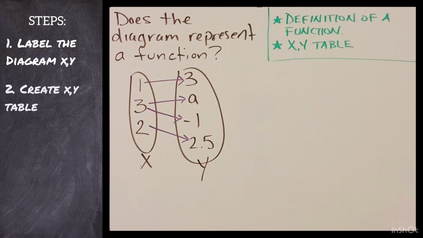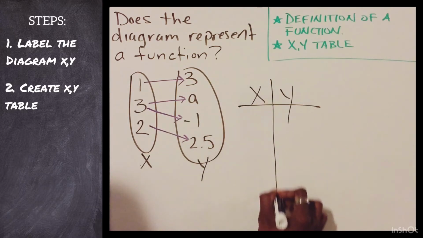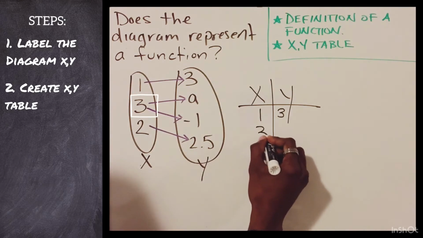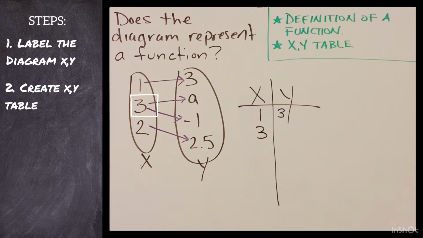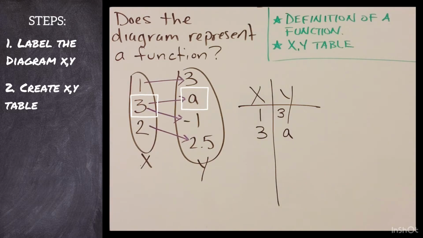The next step is we're going to create an XY table. X, Y. So the first X we see is a 1, and that goes to the first Y, which is the 3. The next X we see is a 3. And we have an arrow pointing to an A in the Y column. So let's make an A. And then we have the 3 pointing to a -1 in the Y column.